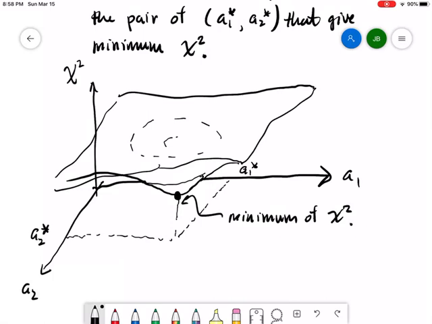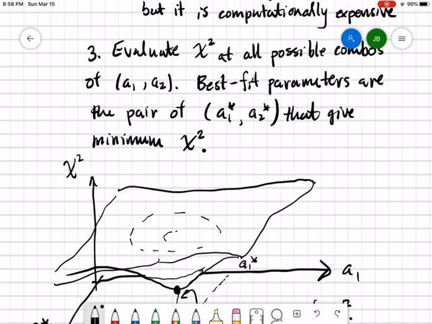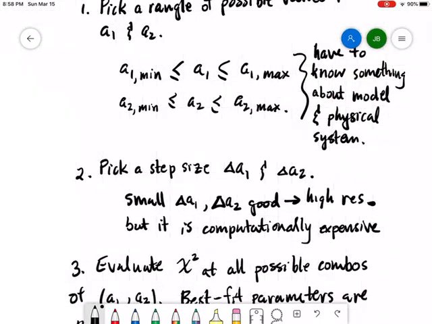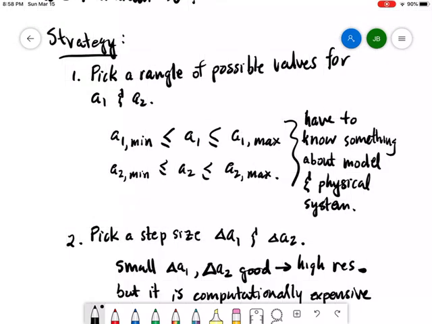Okay, so what we're going to do next time is we're going to try to think about how we might estimate the uncertainties in these parameter values. But before we stop today, what I want to do is I just want to go back and think about this point that we made up here where we said, you know, what we had to do is we had to pick a range of values.